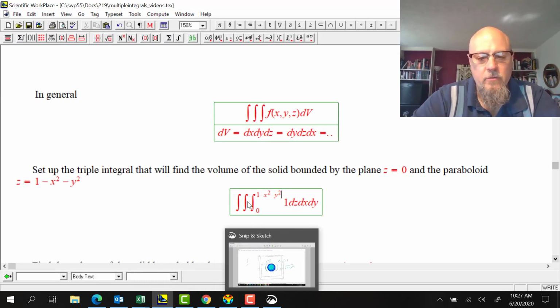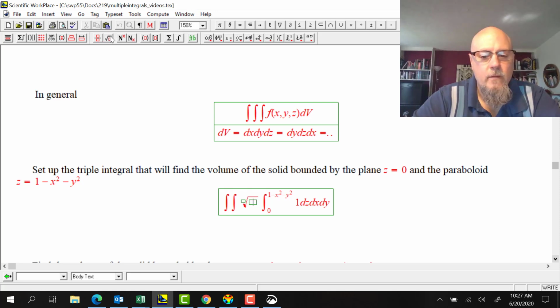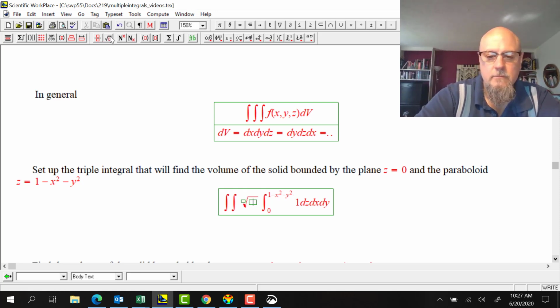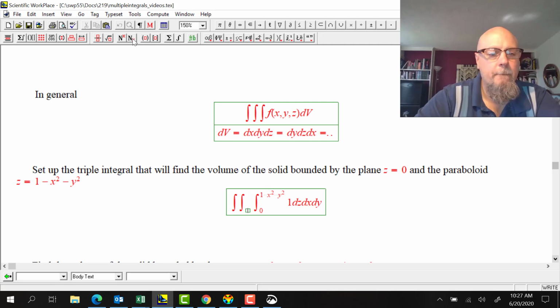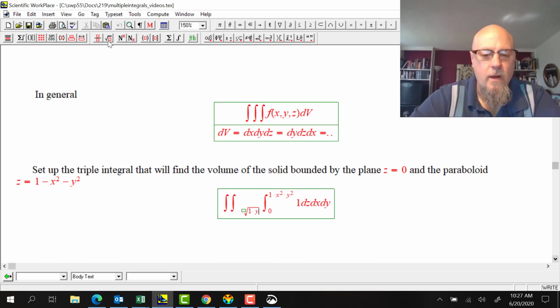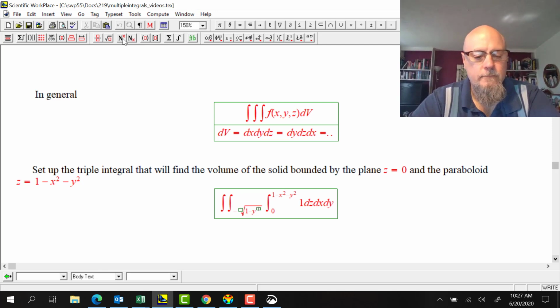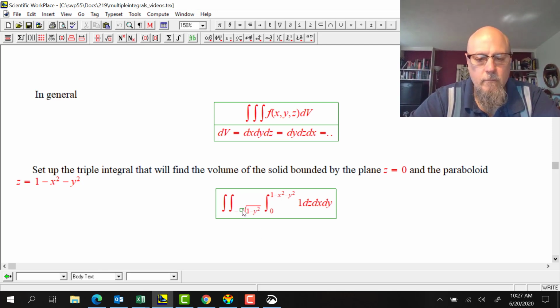So my inner integral here, minus root 1 minus y squared, to the top.